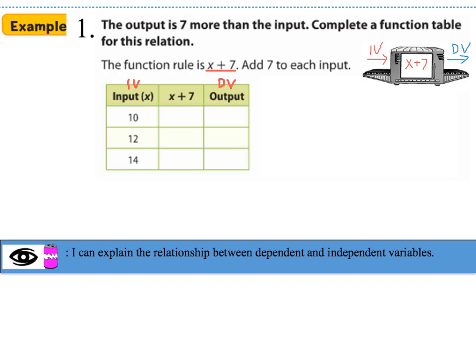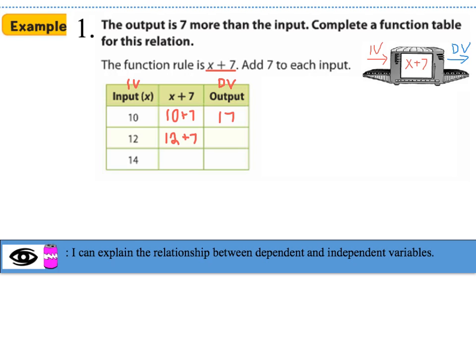So if I take any number like 10, and I plug it into the function machine, the relationship is 10 plus 7, the output becomes 17. So if I place 10 into the machine, something happens, and then the output number becomes 17. Let's take the input number like 12 and put it into the machine and add 7 to it.